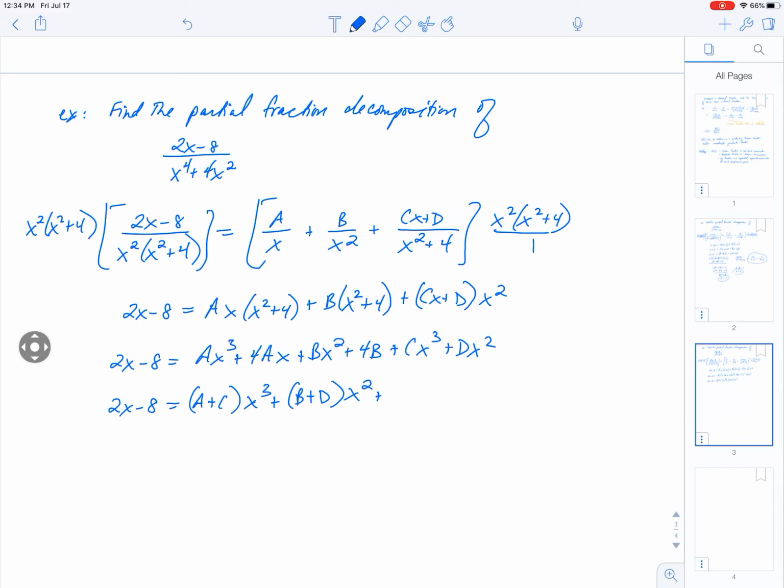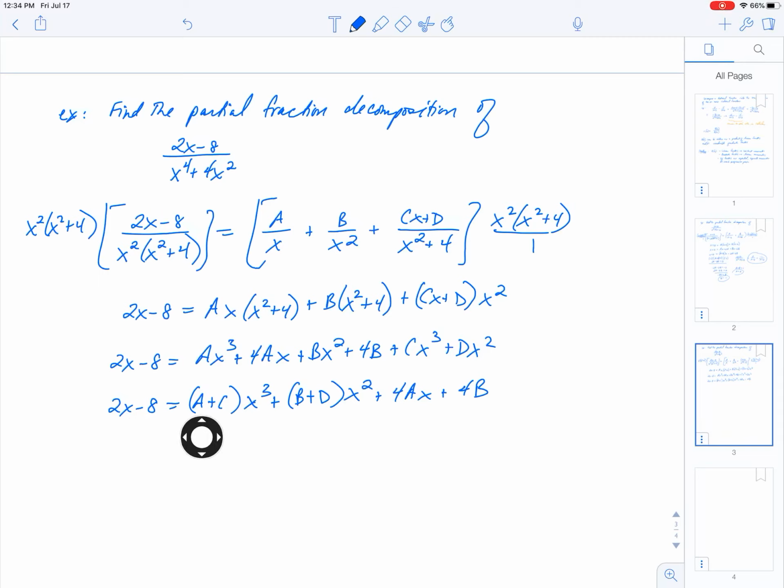And then x, it's going to be 4ax, and then the only constant is the 4b. And then I remember that the left-hand side polynomial is equal to the right-hand side. Now the left-hand side doesn't have any cubed or squared terms in it. So the coefficients of those would be 0, right? Like 0x cubed and 0x squared is one way of seeing it.